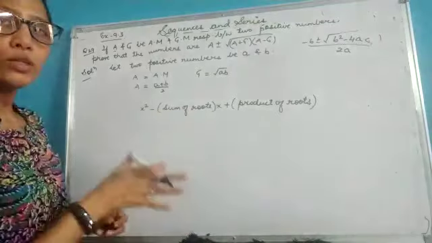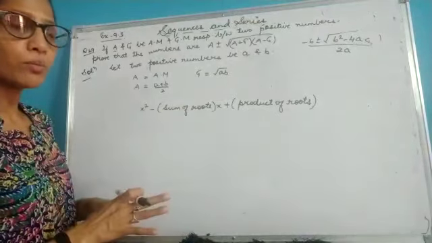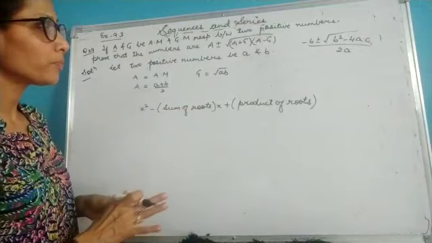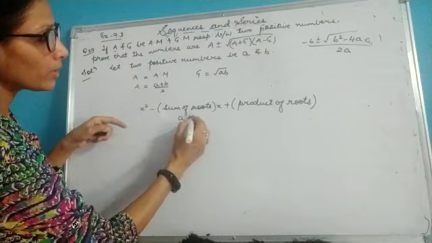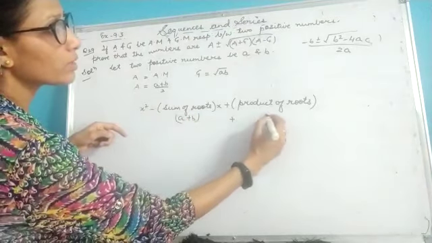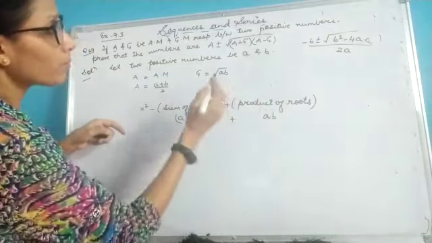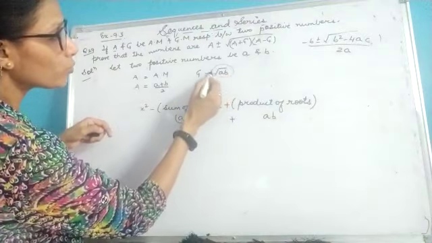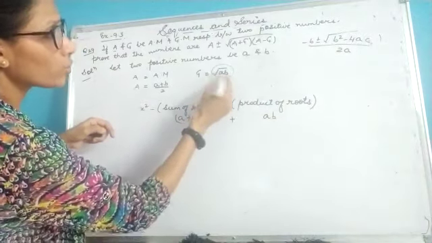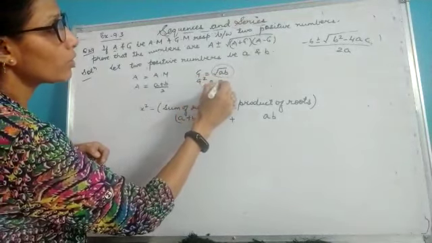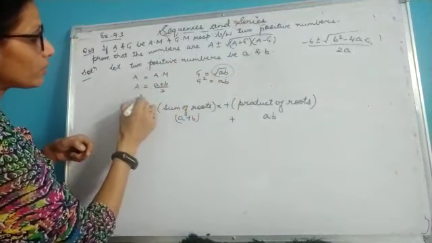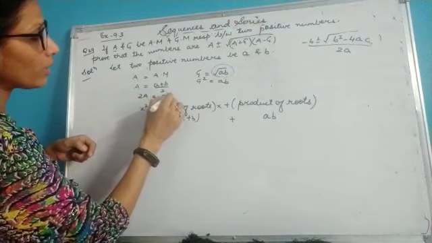So I am trying to frame my quadratic polynomial here or quadratic equation here. So I will be getting sum of roots means here a plus b and product of roots means here a into b. But children, here a into b, with a into b it is root. So I will be converting into ab. So it will be g square equal to ab, and here this will be twice of a equal to a plus b.